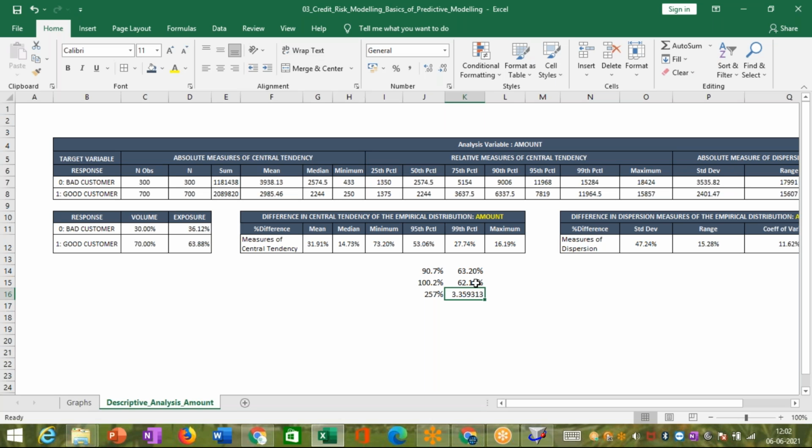So if I look at this at an interval of 25, this also proves that the variation in the bad customers is relatively higher than that of the good customers, right?